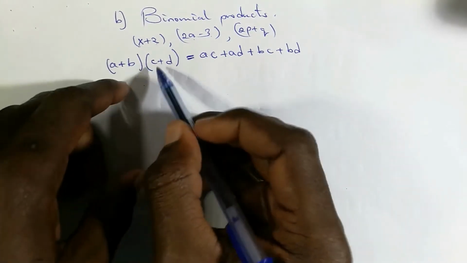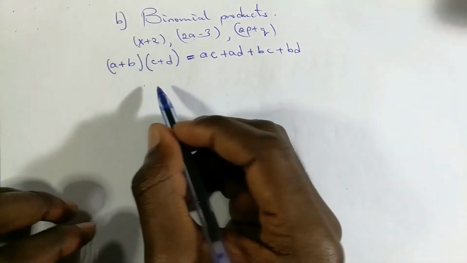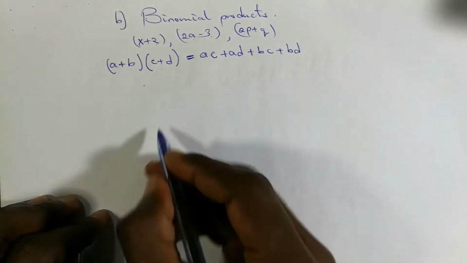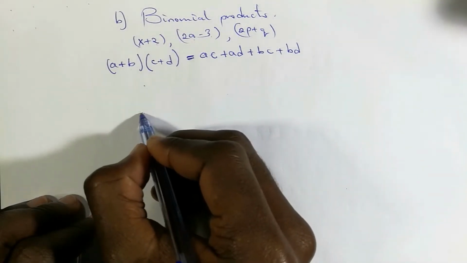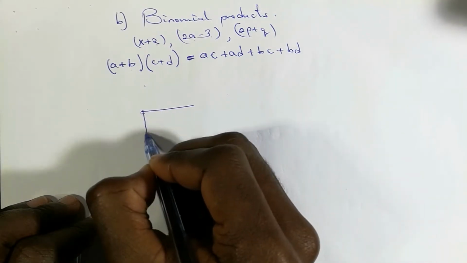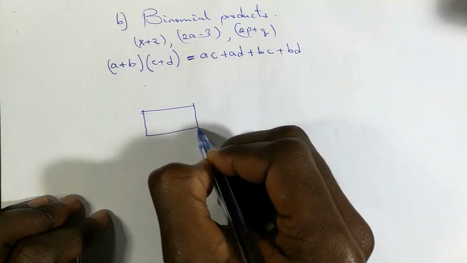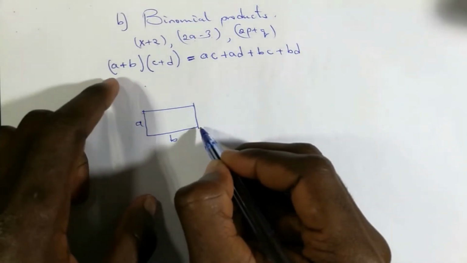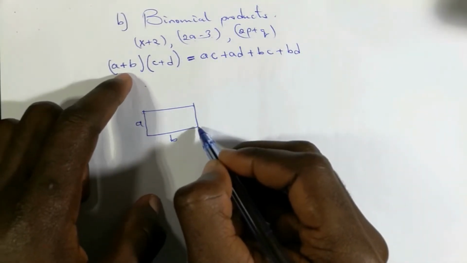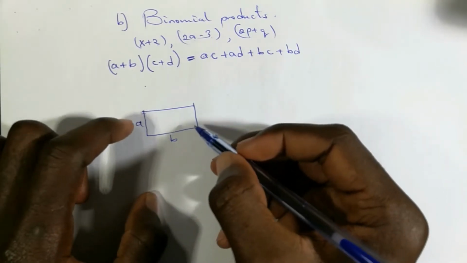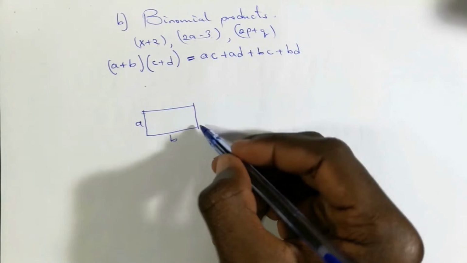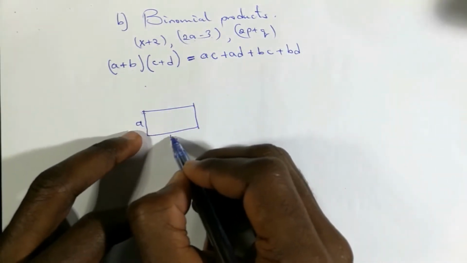We first create A plus B, and we also need C plus D. For that case, we can first of all put a rectangle here. We can name it A and B. We add another term.